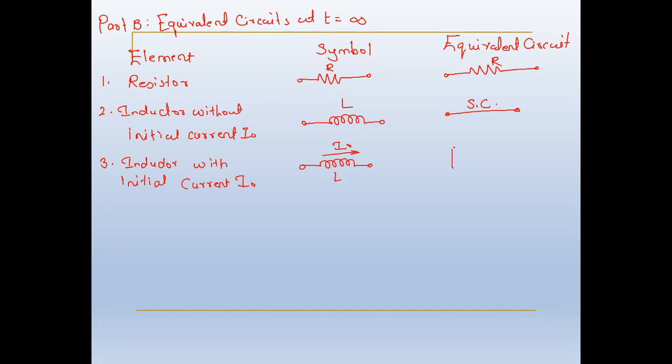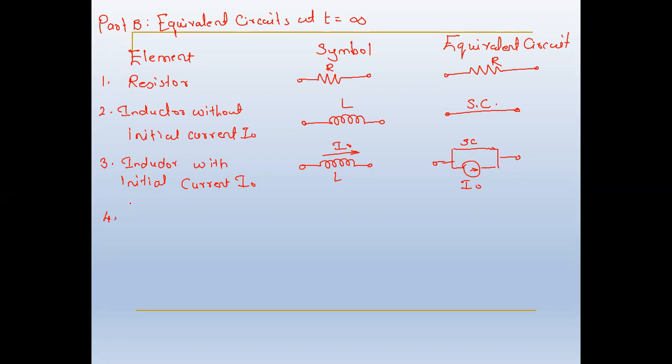So it will be like a short circuit and a current source I0. If initial current I0 is passing through the inductor, then at t is equal to infinite, it is represented by a current source of value I0, which is in parallel with a short circuit.